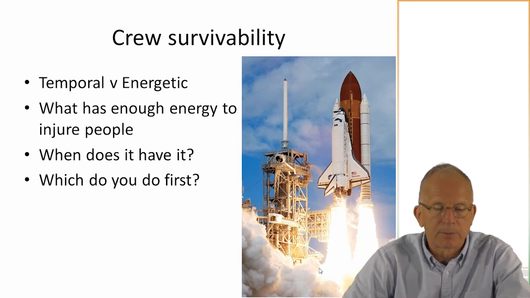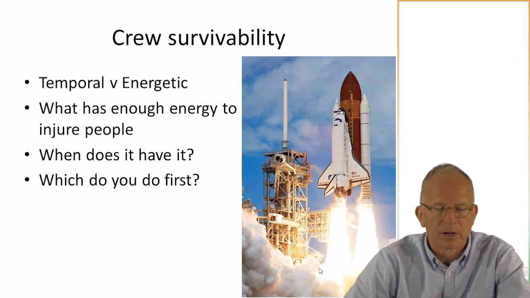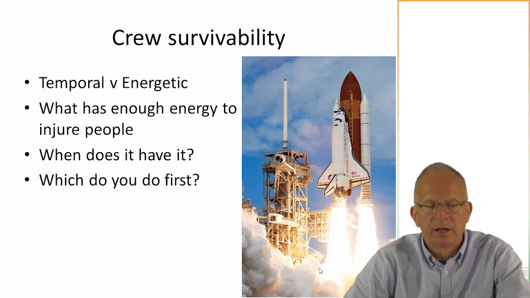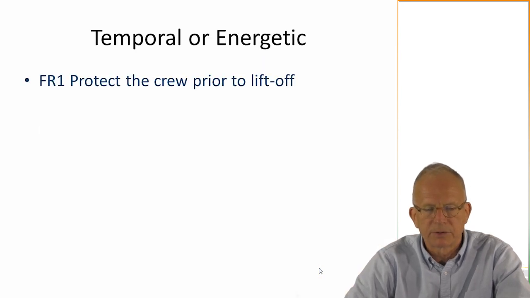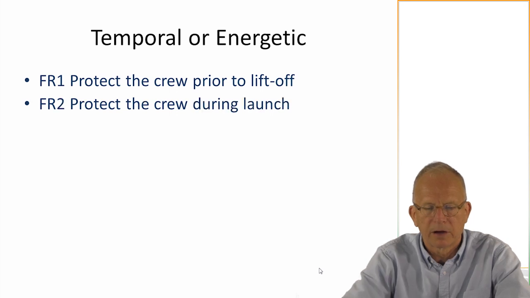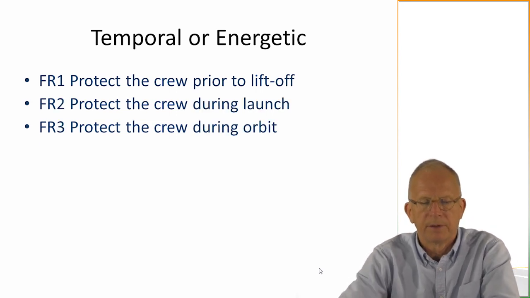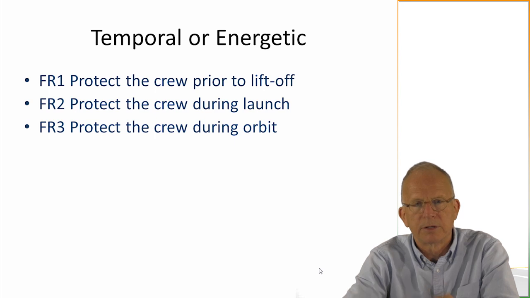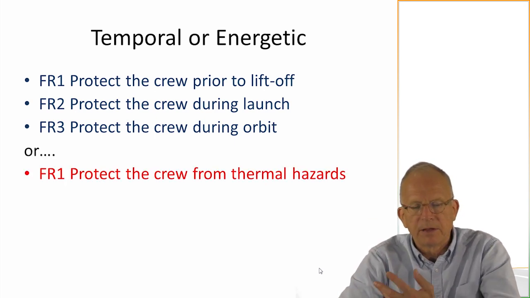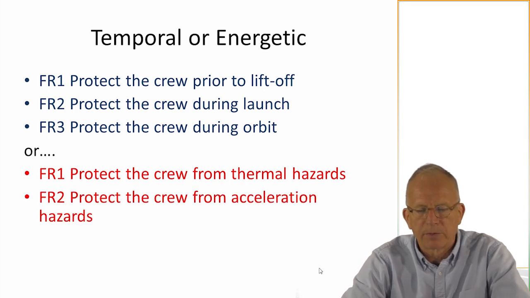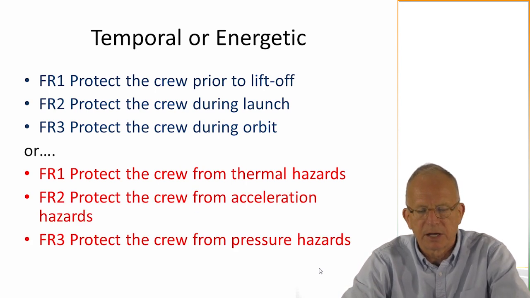We did first a temporal decomposition, protect the crew on the launch pad, and then an energetic decomposition, protect them from excessive heat, for example. So here we go. Protect the crew prior to liftoff, protect the crew during the launch, protect the crew during orbit. So this was the temporal decomposition. And then the energetic was protect the crew from thermal hazards or from acceleration hazards or from pressure hazards.